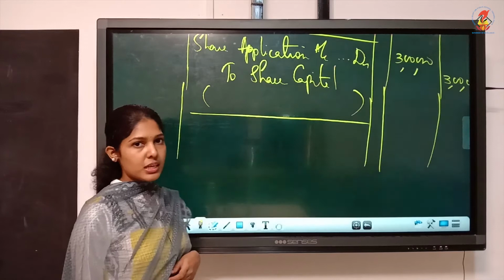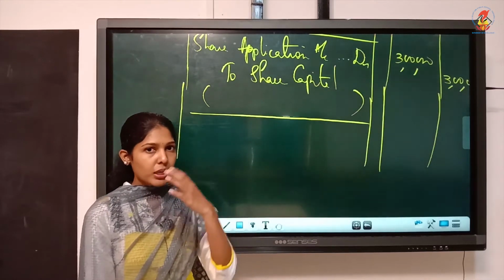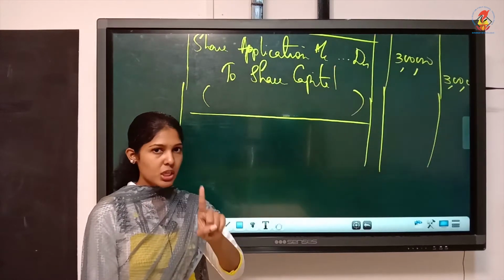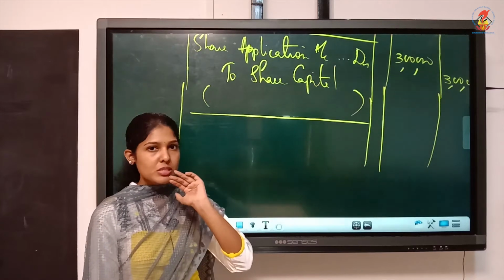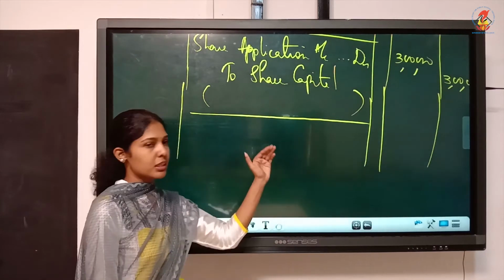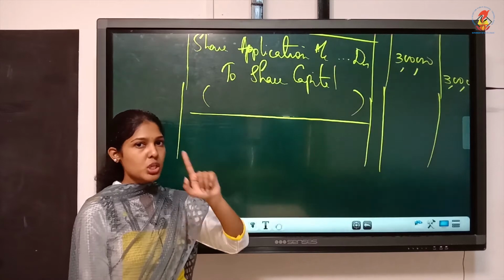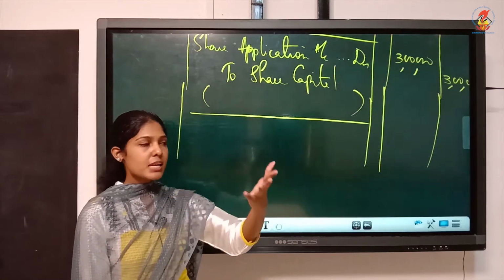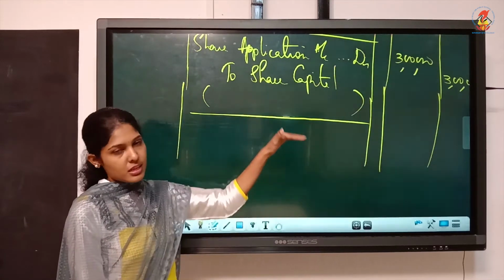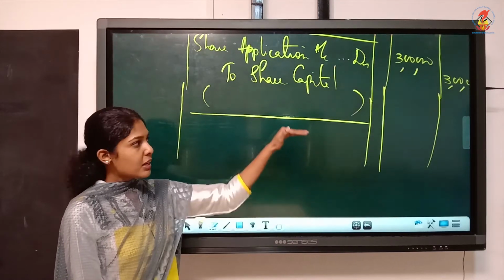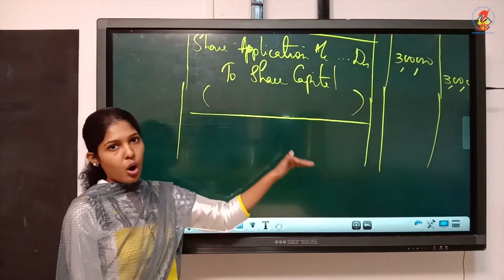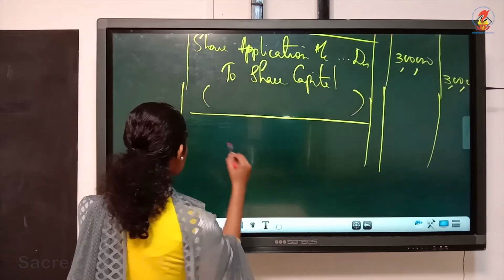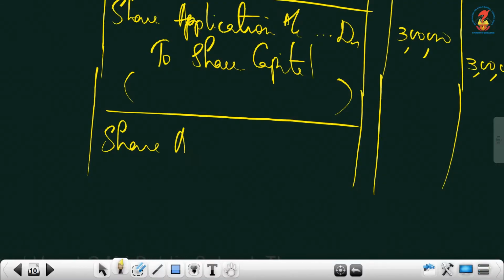Usually the next entry will be for allotment, but now here there is a rejection of rupees 60,000. You must write the entry for that here. That means if there is rejection and refund, the entry must be written as third entry. Understood? The refund entry must be written as third entry always. And what is the refund entry? It is reverse of first entry. Share application account debtor to bank.